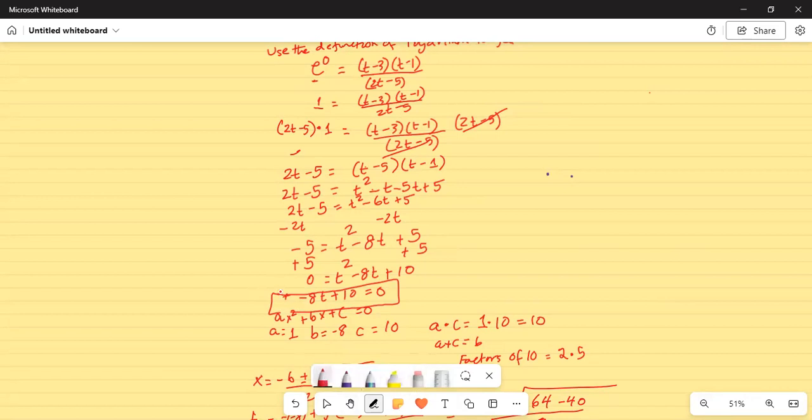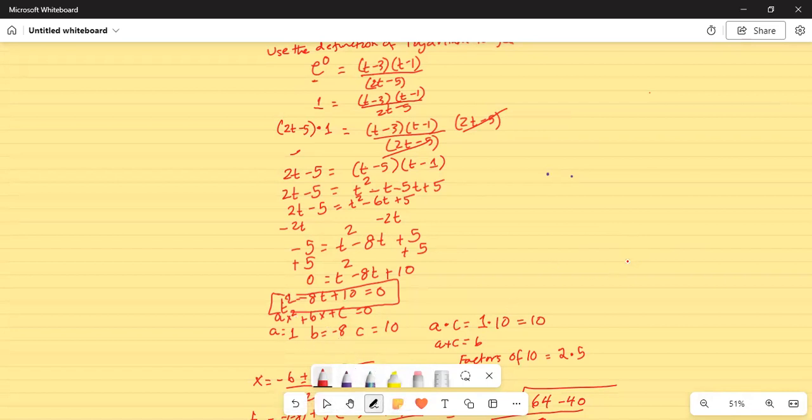So this is t squared minus 8t plus 10 equal to 0. This is similar to x squared plus bx plus c equal to 0.